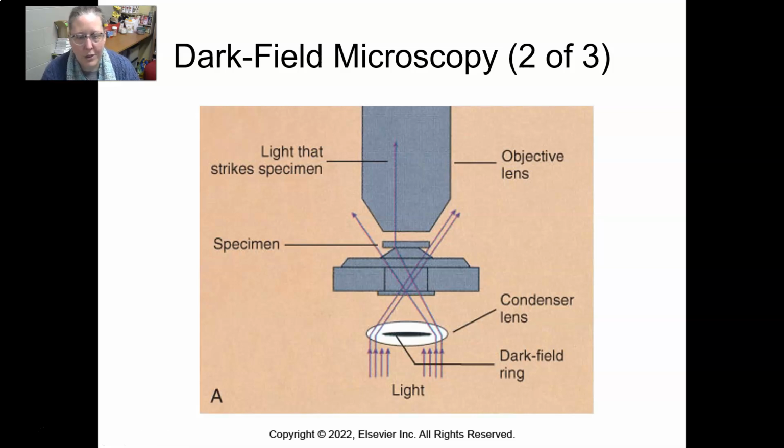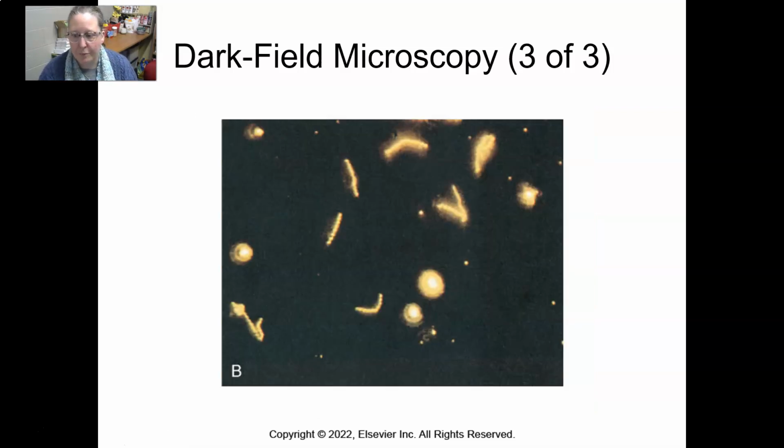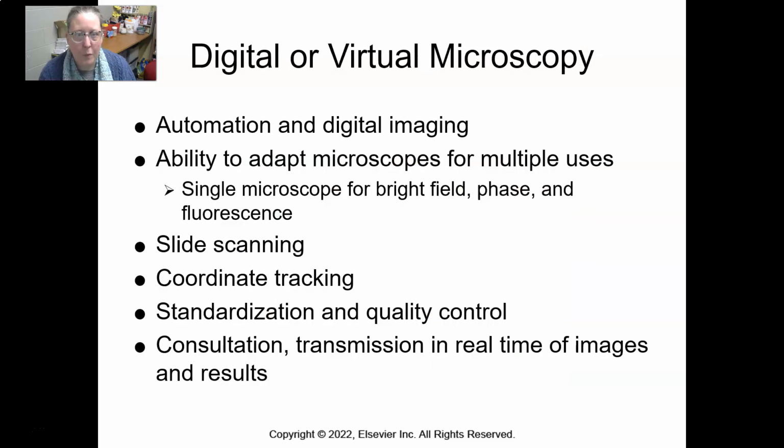Again, looking at the direction of the light beams, you can see there's a dark field ring in the middle of the condenser lens, which means the light that comes through hits the specimen at an increased angle, and that's what makes the edges of the cells and the components you're trying to visualize visible. Here's an example again of a dark field microscopy slide.